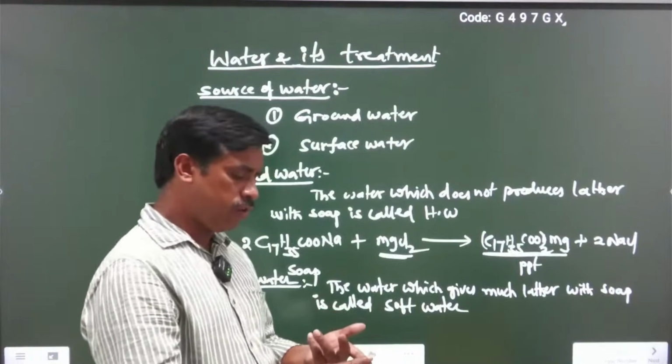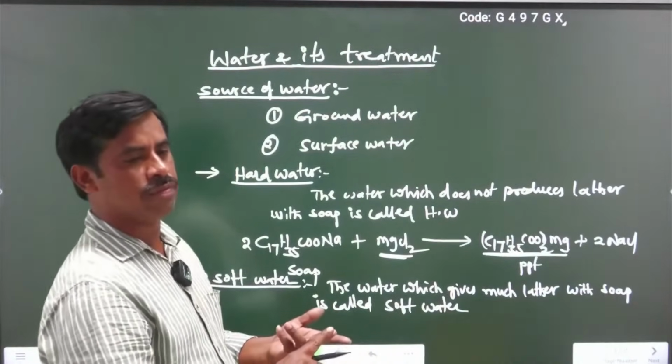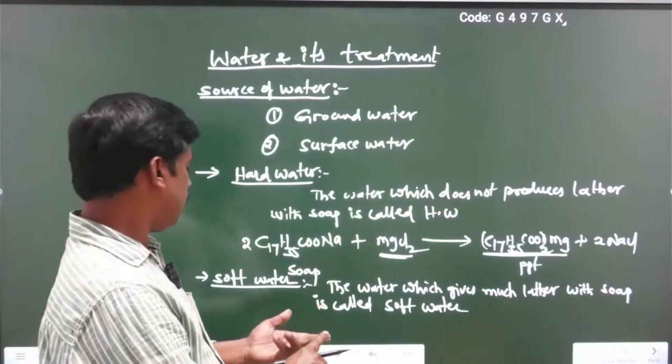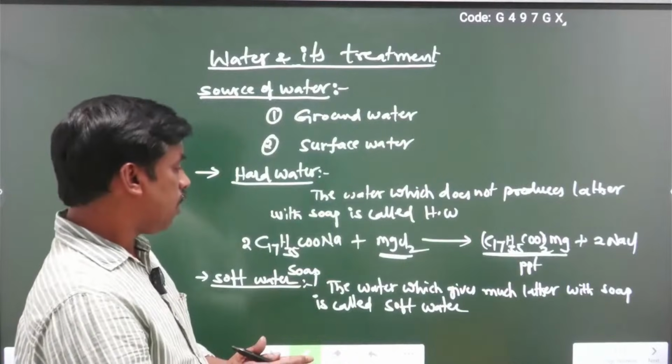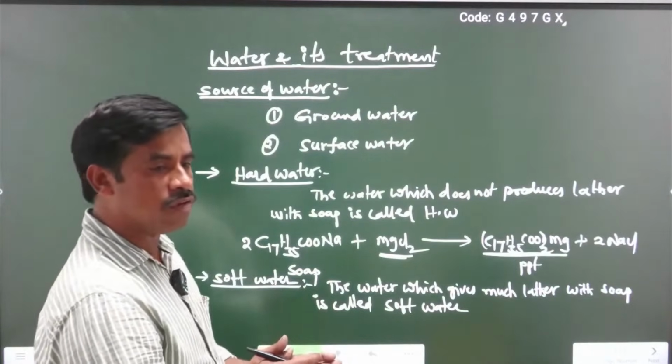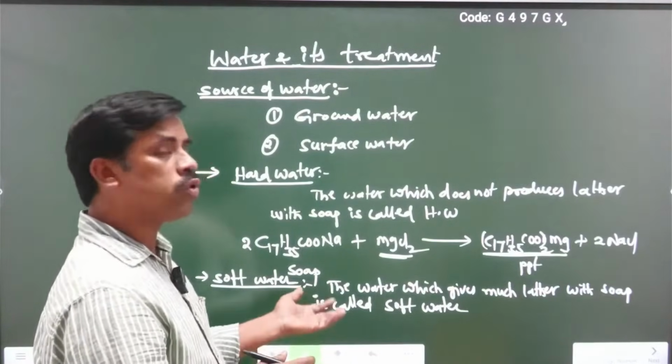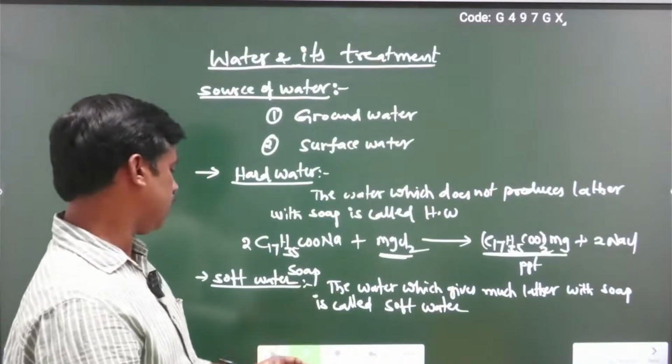Due to dissolved salts of calcium and magnesium, the water has hardness, and in some cases traces of heavy metals also produce hardness.